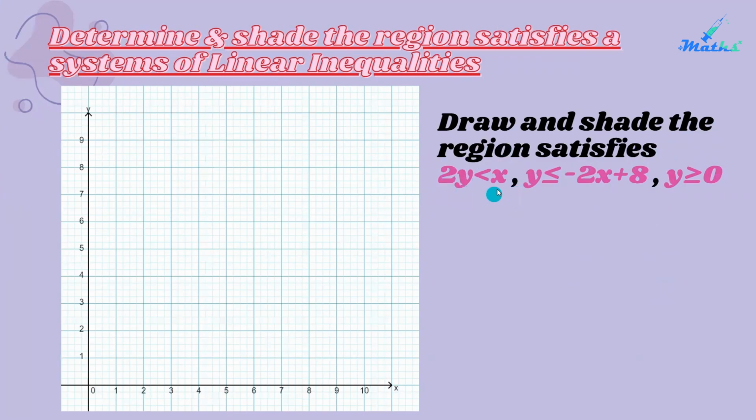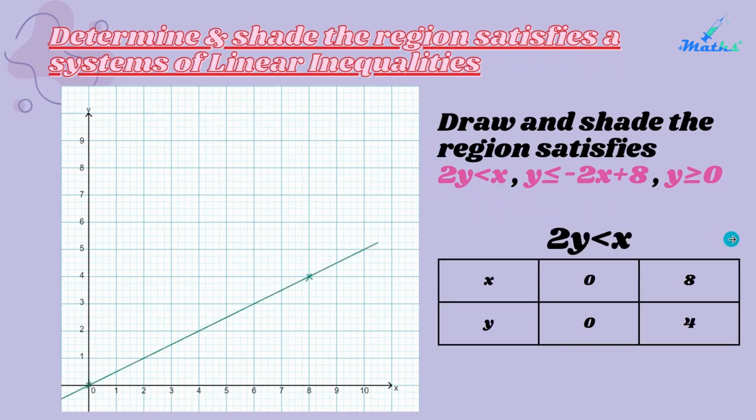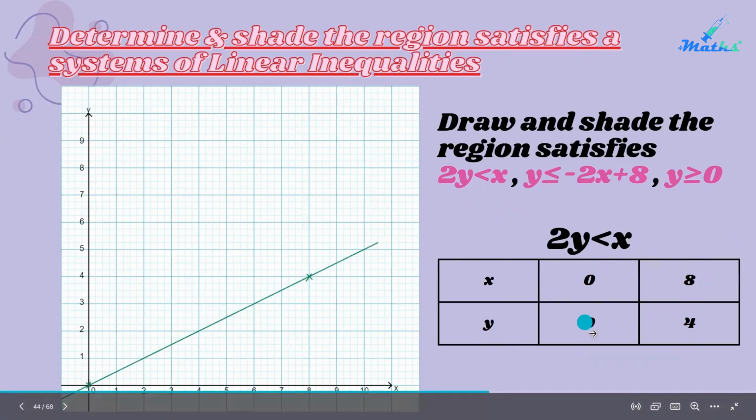Let's start from the first linear inequality. This is the line, and these are the points that I use: 0, 0, and 8, 4 here.